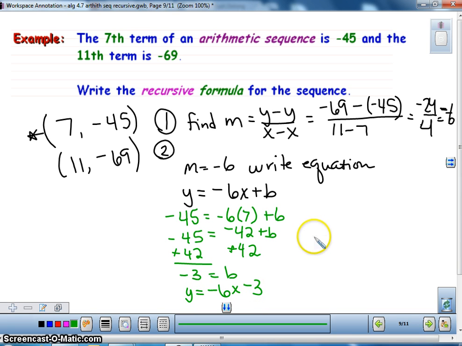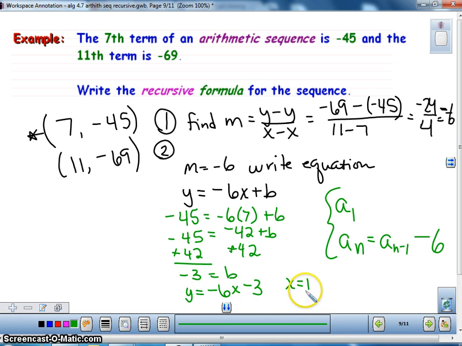Now, we still need our first term in the sequence. So, think about if x equals 1. Because when we write our first term in our formula for our recursive formula, then we need to know a to the n minus 1 and what our common difference is. Now, we can already do that part because it is a change in 6. That's our rate of change or our slope.